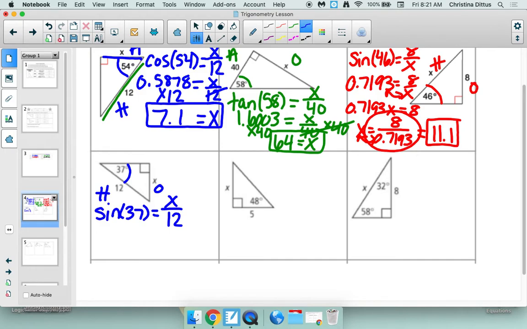What is the sine of 37? 0.6018. Still equal to x over 12. What's my last step? Times by 12, and what do we get? 7.2. Does that seem reasonable? Yeah, it's less than my 12, so it should be okay.